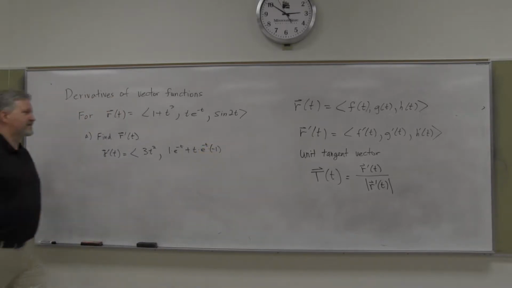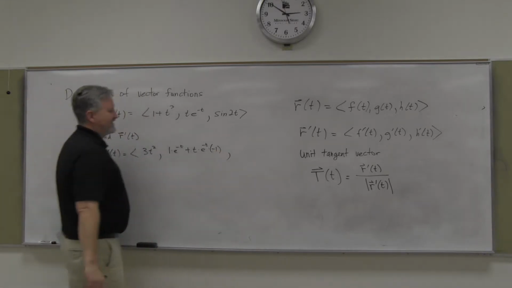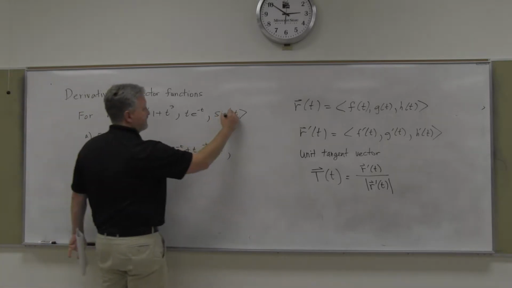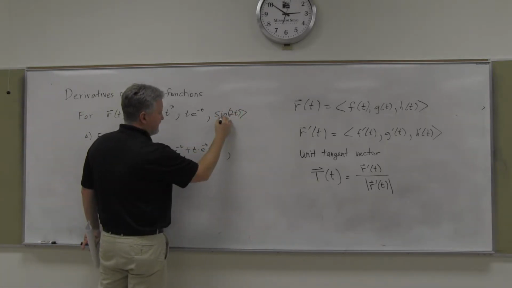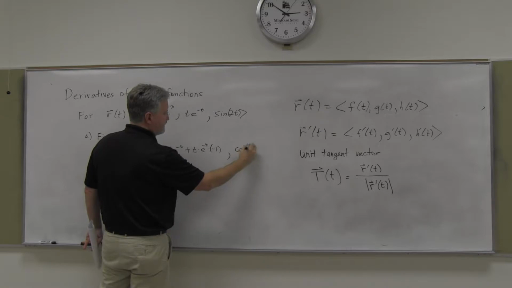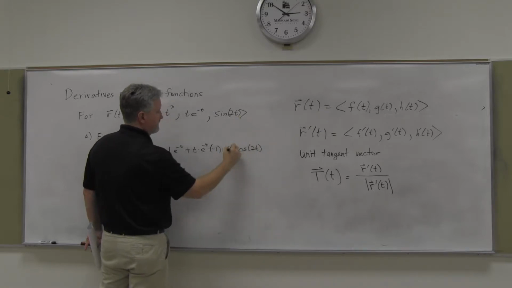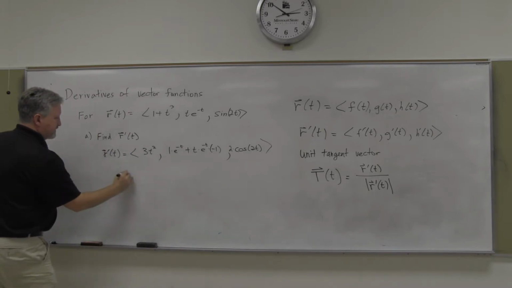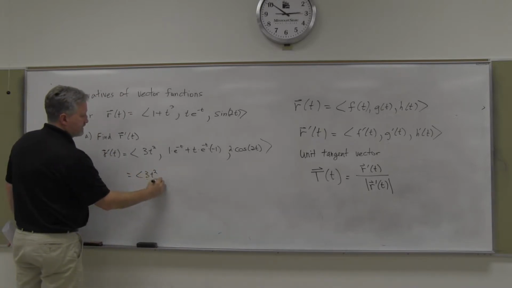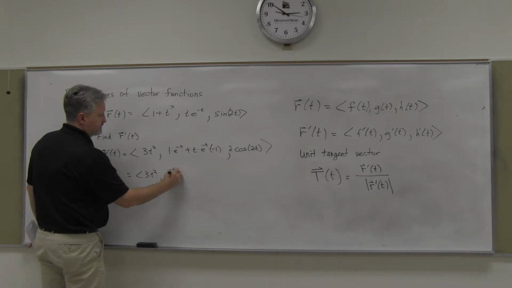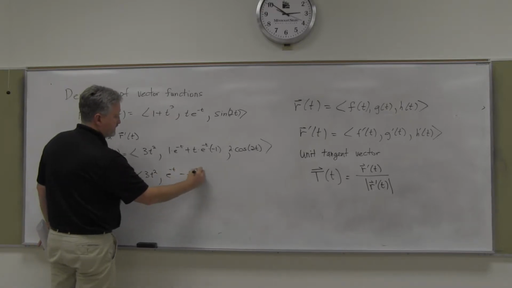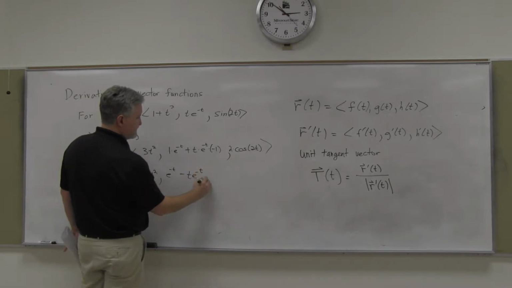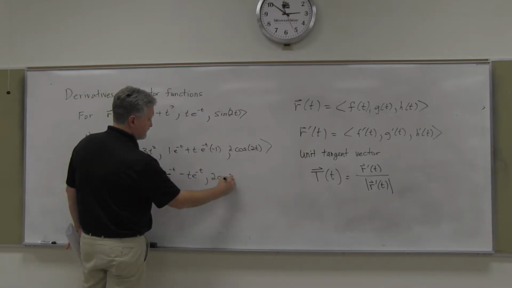It's been a while. And then we have sine of 2t, which is also a little chain rule. The outside sine has derivative cosine, but you do the derivative of the inside, so it's 2 cosine 2t. So r prime of t is (3t squared, e to the minus t minus t e to the minus t, 2 cosine 2t).